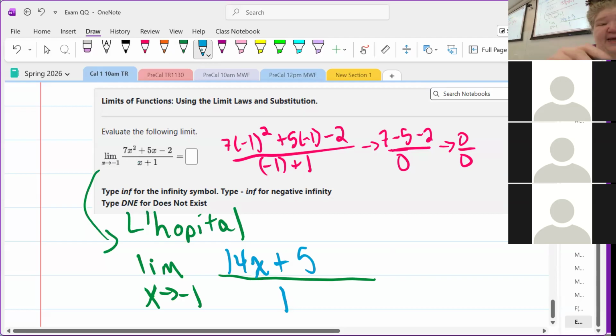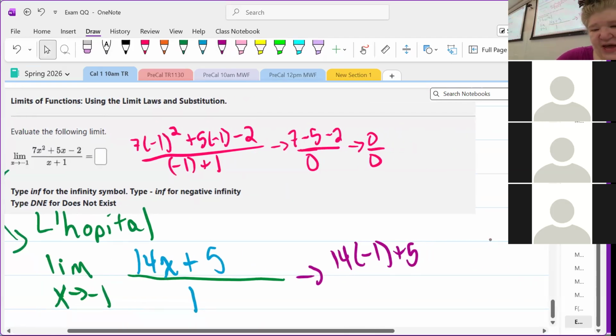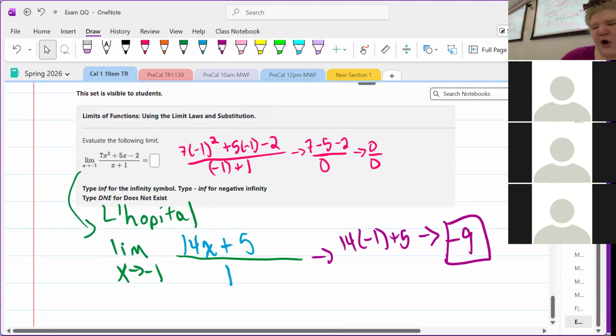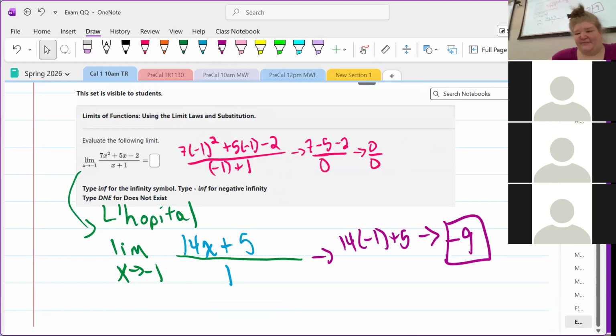So now we just plug in -1 and we're done. 14 times -1 plus 5. -14 plus 5 is -9. No factoring required. Now we could still have factored that, and the resulting binomial when we plug in -1 would give us -9.